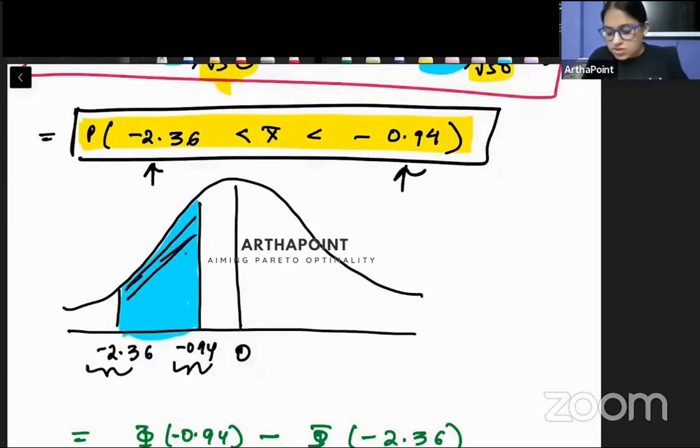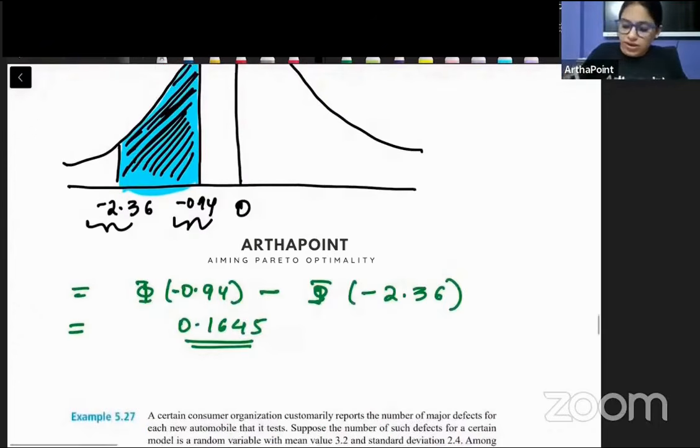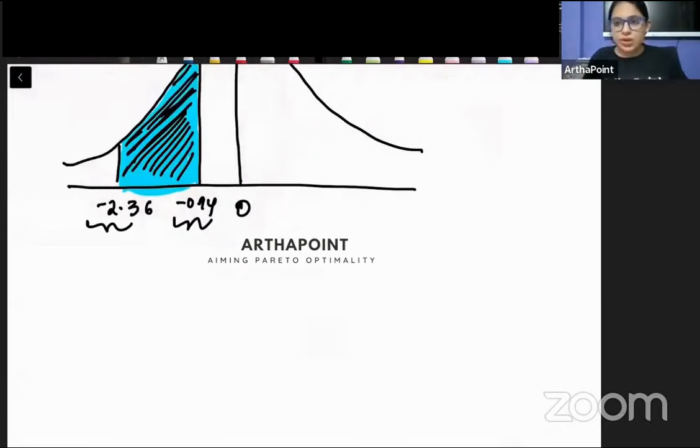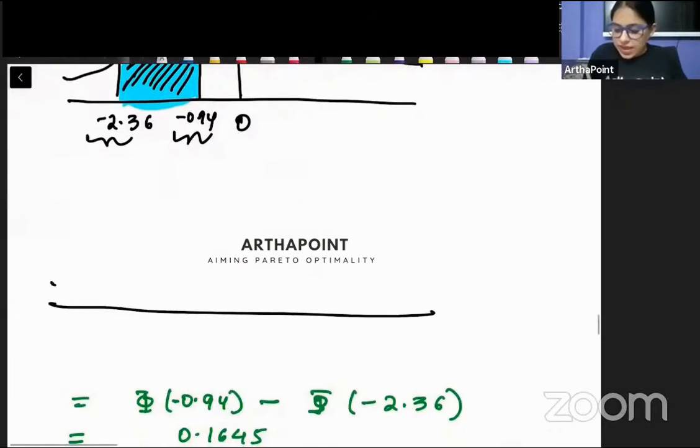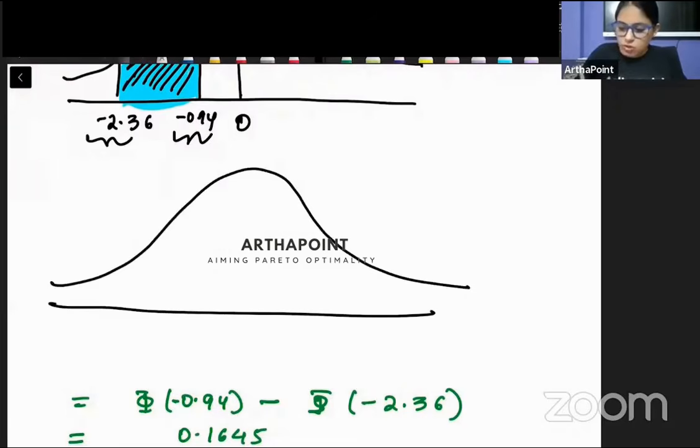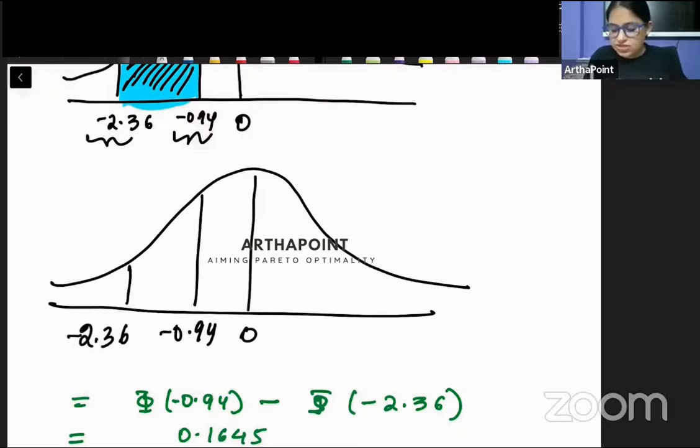And I want this region. I want to calculate this probability. Isn't it? So if you really look into it, you will understand that if I take 0 here, and I take minus 0.94 here and minus 2.36 here, at any point of time, I can find out this region first.